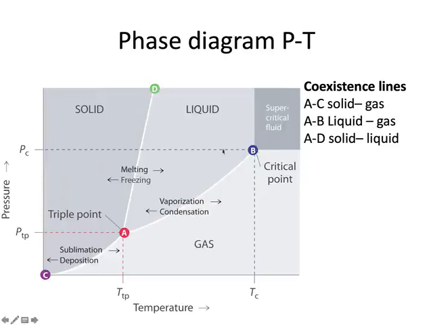And the interesting thing about the liquid-gas critical point is that if you want to go from a liquid state to a gaseous state, you can change the pressure, so you can reduce the pressure and get boiling of the liquid, or you can heat it.